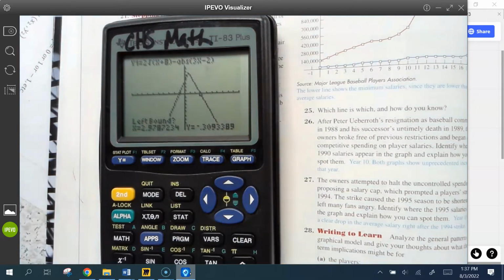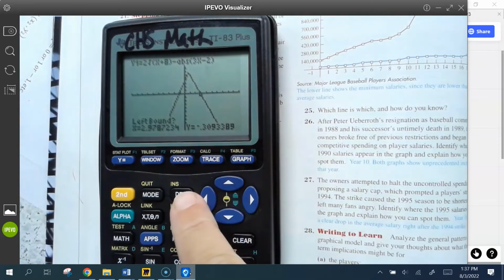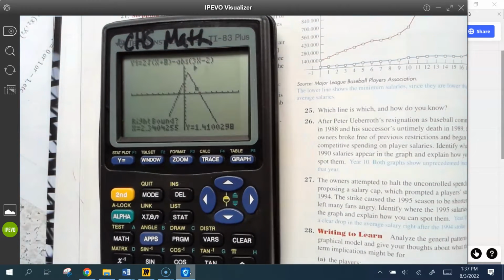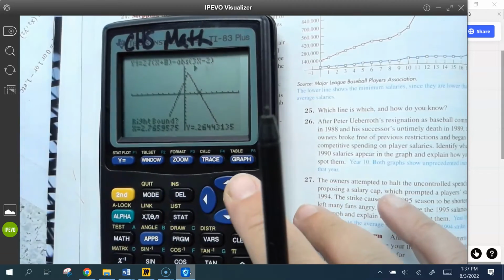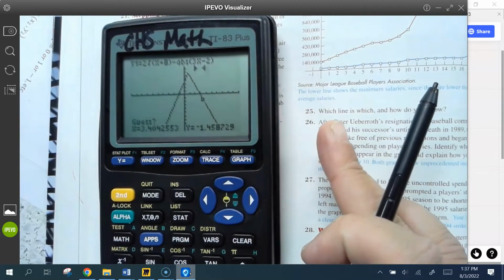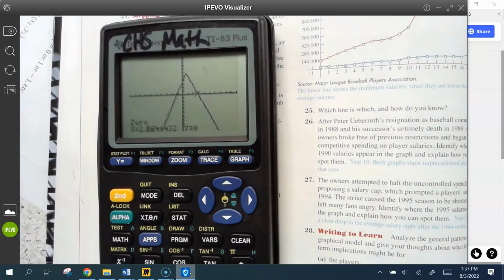That looks pretty close. And I'm going to hit the left button 1, 2, 3 times, enter. Take it back and then write 1, 2, 3, enter, and enter one last time tells it to guess. So my second solution for this one is 2.864. There are 2 solutions because there are 2 answers.